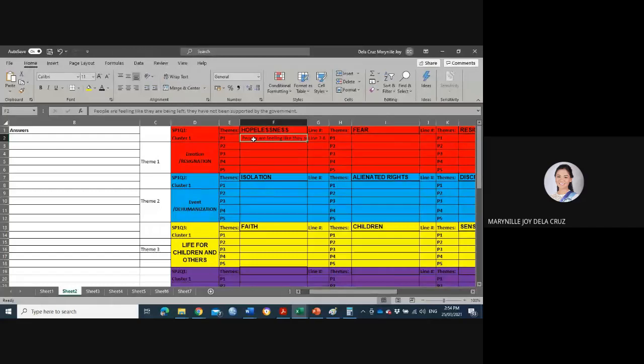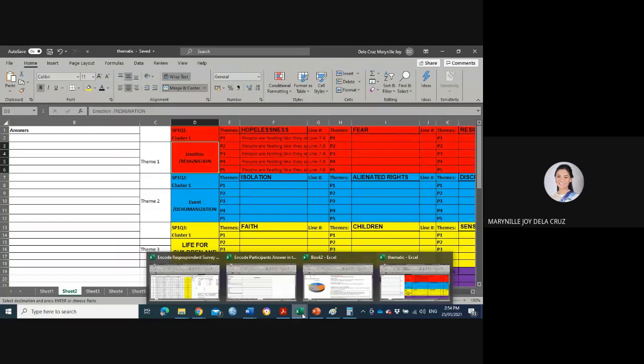So, meaning hopelessness. So, it's emotion. So, what will happen? You are going to group them according to, kumbaga, summarize mo na siya. So, this is what it looks like when you already summarized it.